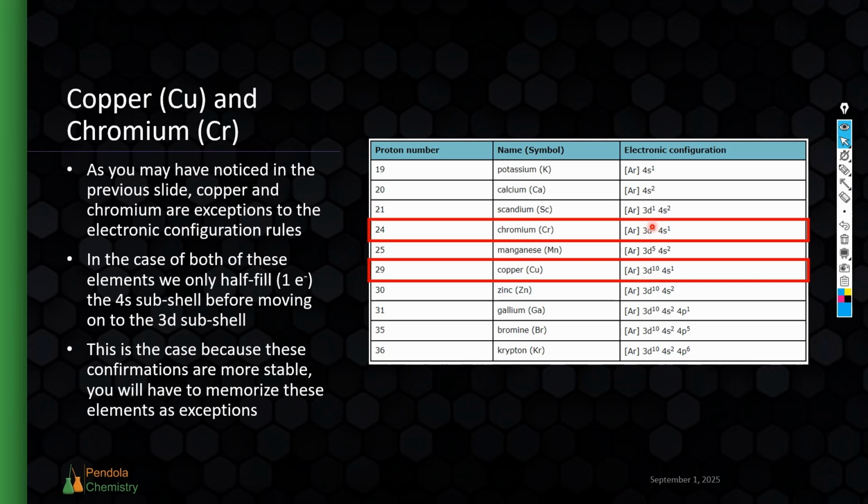So essentially, there's an order to stability. The order to stability that we have for sublevels is like this. Fully filled comes first. So if we have a fully filled energy level, that is the most stable. Then second is going to be half filled. So any sublevel that's only half filled, like a D with the 5 electrons, or a P with 3 electrons, or an S with 1 electron, is going to be also very stable.